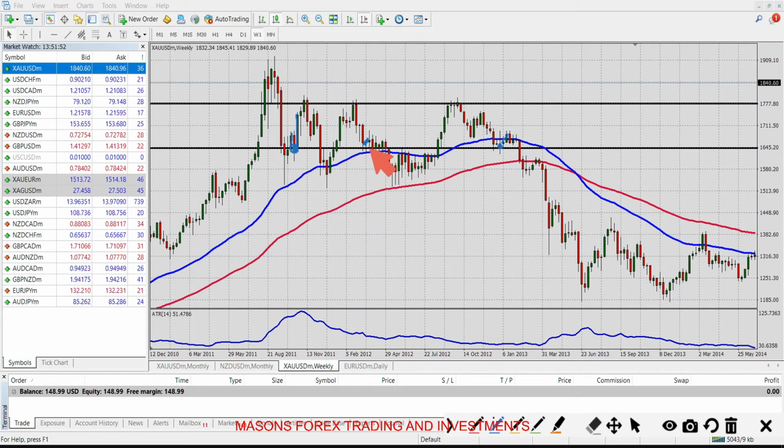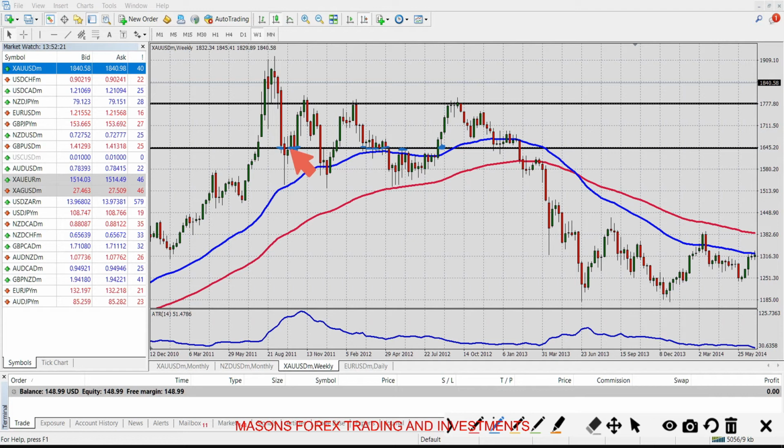So there is significance in this area. You can count there's many touches. Let's see if we can count it. We can count that as one, maybe about 2 or 3 there. 4, 5, 6, 7, 8. We can count this one here. 9, 10 approximately. This one or 11.